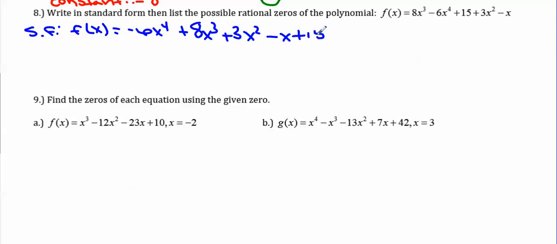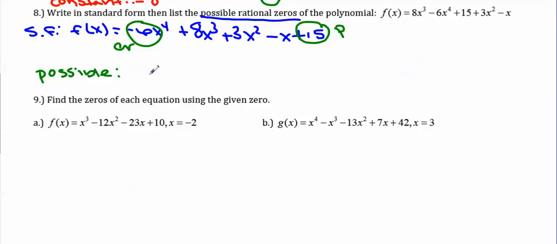Now it's important that we do that because when we are listing all the possible irrational zeros, we have to take all the factors of p and divide them by all the factors of q. And unless it's in standard form, you may mess that up. So possible zeros, I have plus or minus p over q.